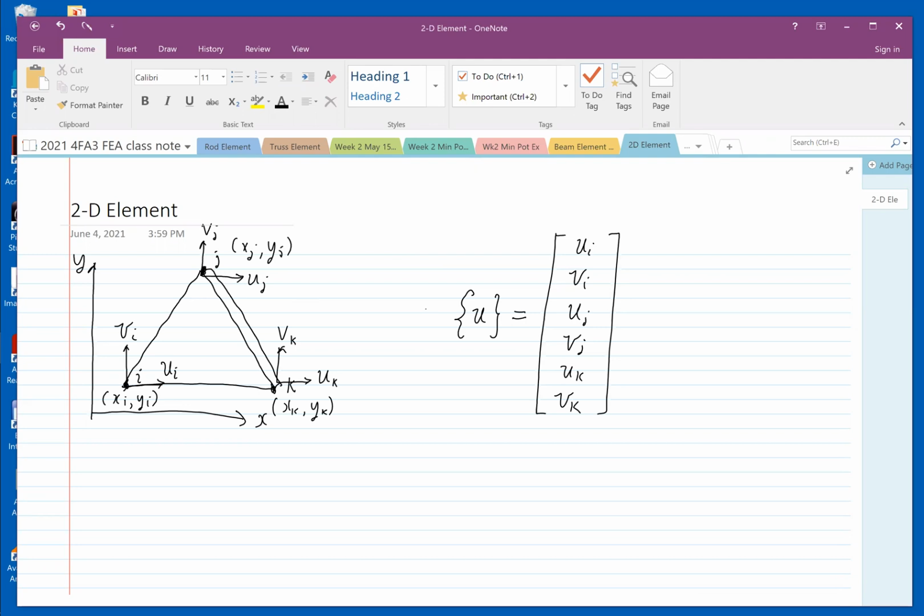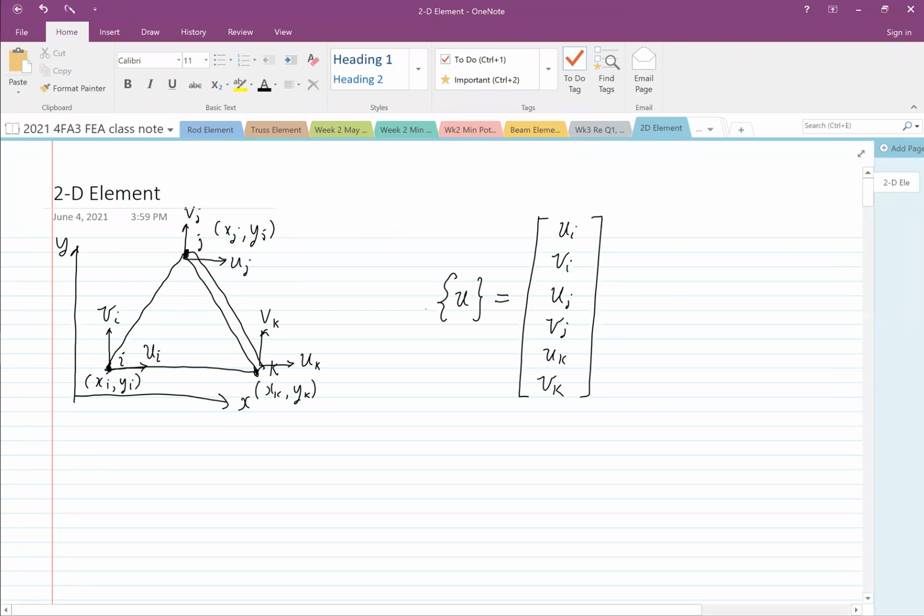I was just going to ask, for the 2D element, can the forces be anywhere on the element, or do they have to be at a node? I'll talk about that later, yes. But when I apply the force, I can apply it anywhere on the element, yes, but you have to transform that.